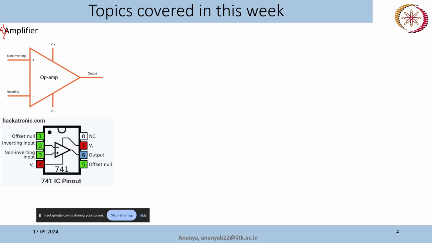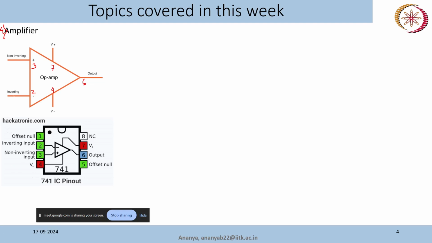The inverting input is 2 and the non-inverting input is 3, the minus supply voltage is 4, the plus supply voltage is 7, and 6 is the output. Okay, so we make these connections while making a circuit using IC741.